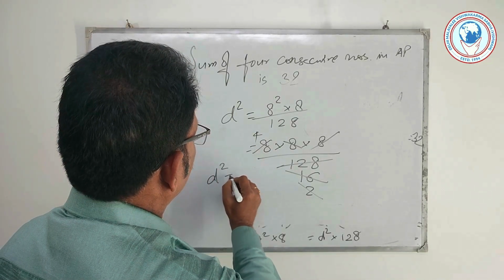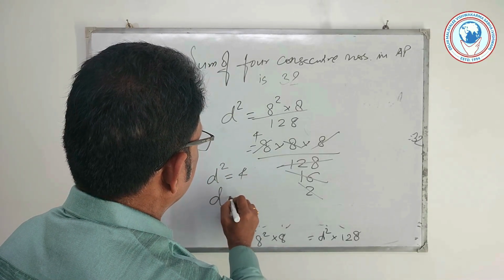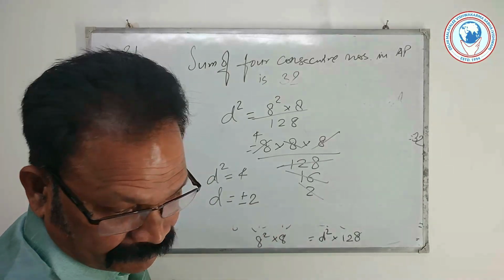So d square is equal to 4. So we get d is equal to plus or minus 2.